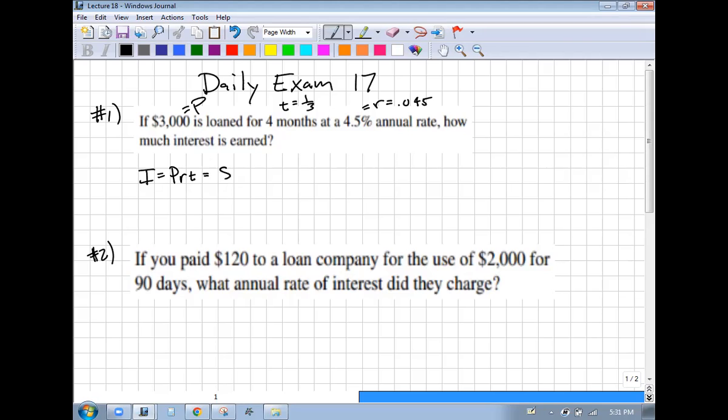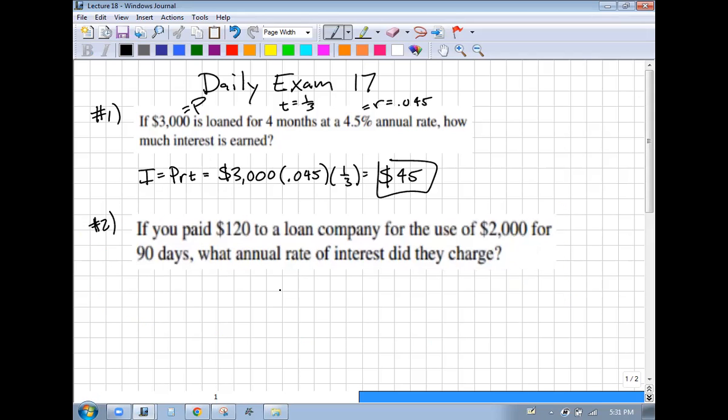So if P is 3,000 and R is 0.045 and T is 1/3, plug that into our calculator. 3,000 times 0.045 divided by 3, we get 45 bucks. Exactly, $45.